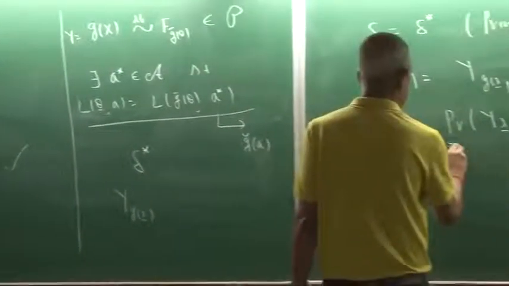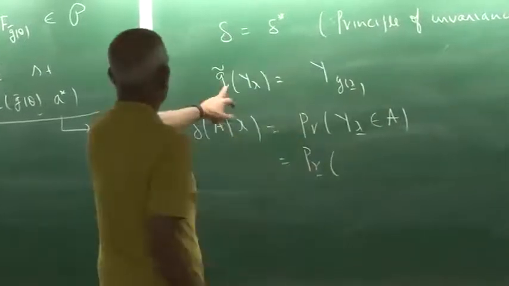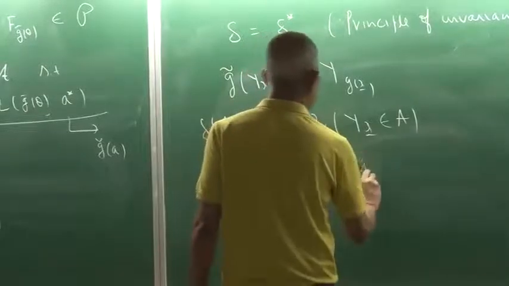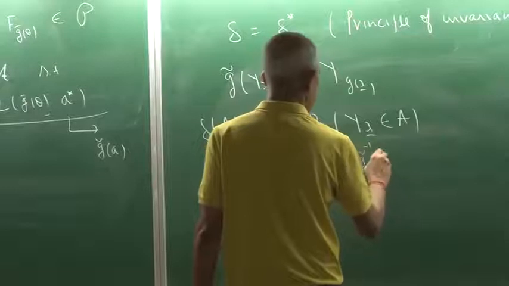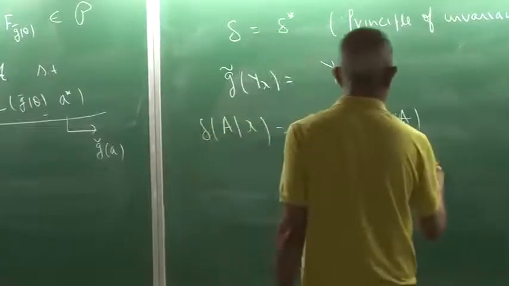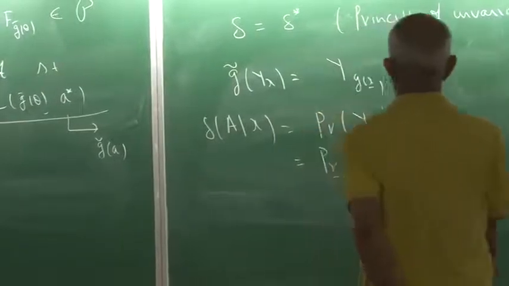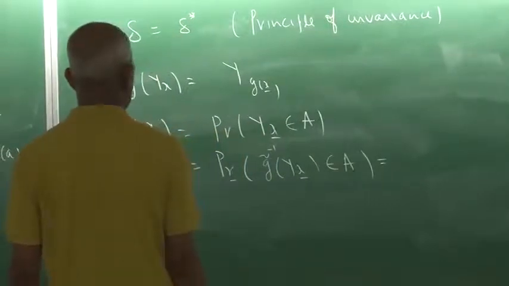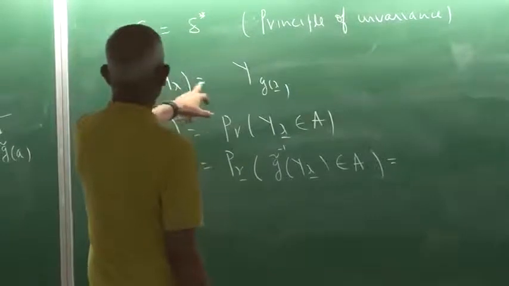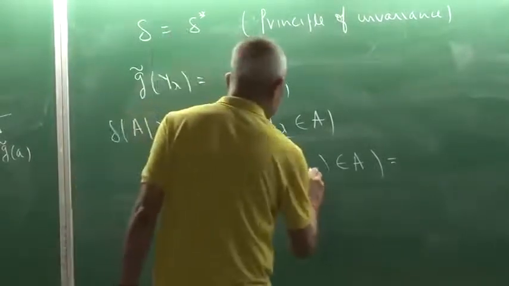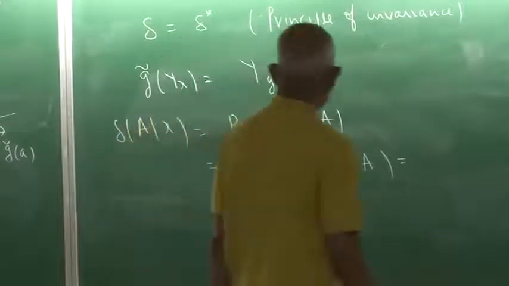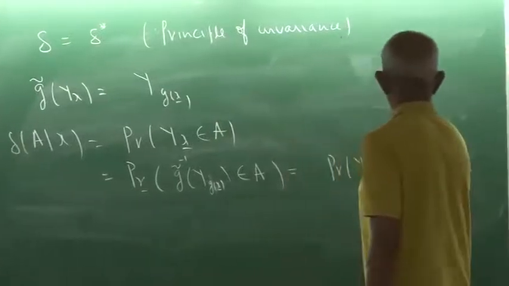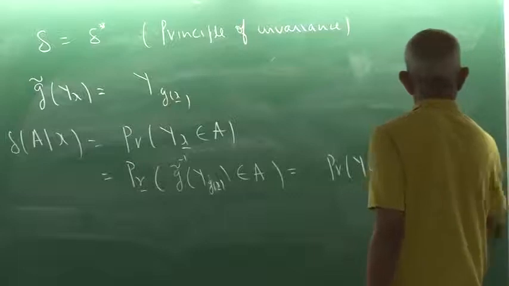This should be the same as the probability that g tilde of y of x, or y of x is nothing but g tilde inverse y of gx, belongs to a, which is the same as the probability that y of gx belongs to g tilde of a.